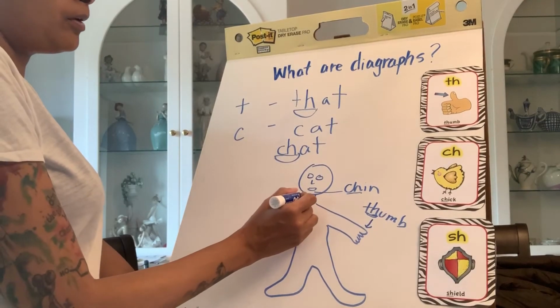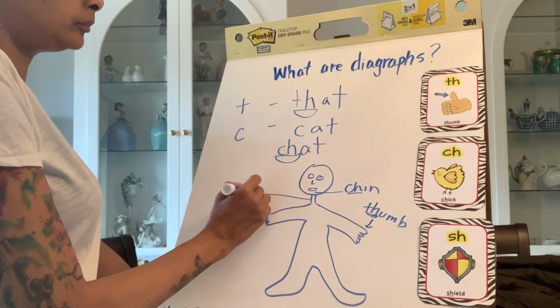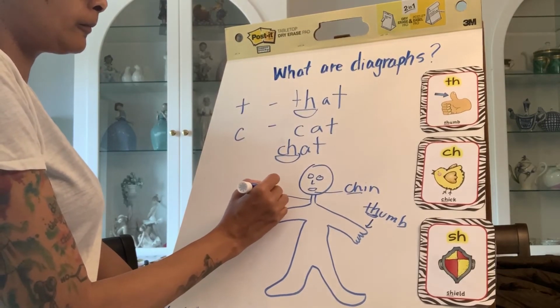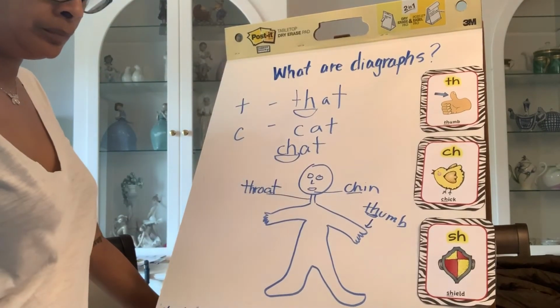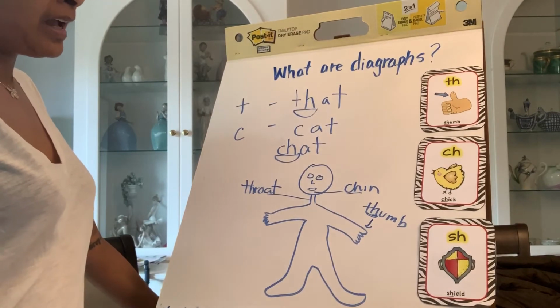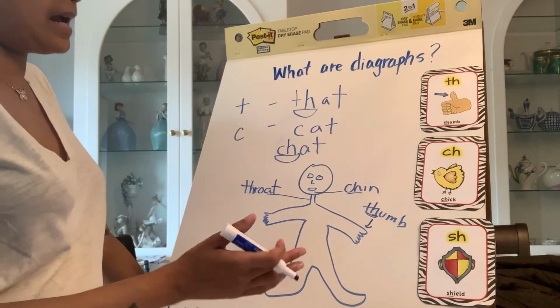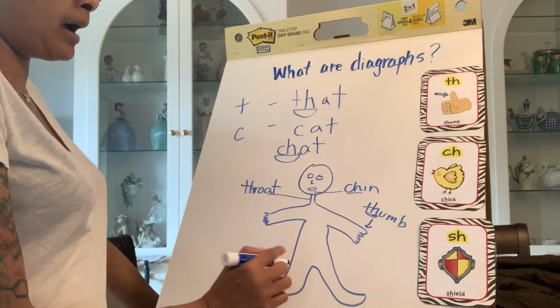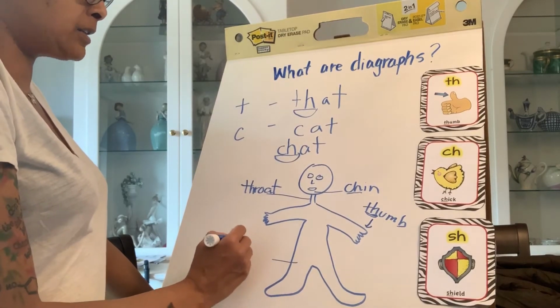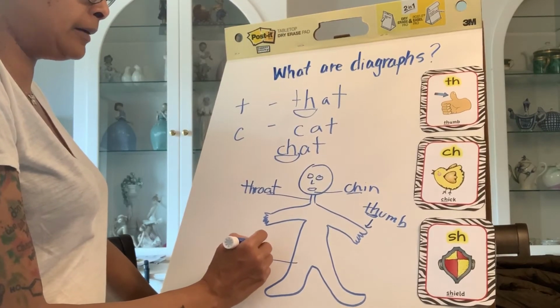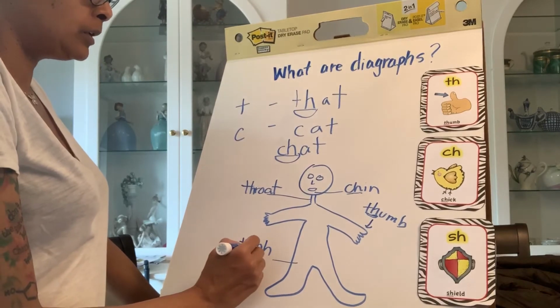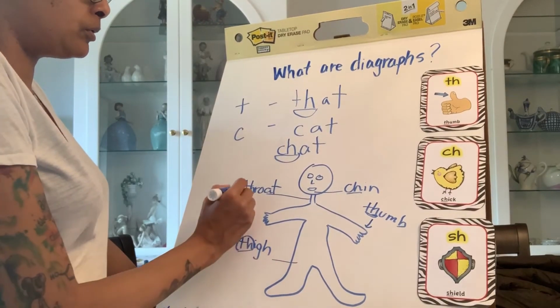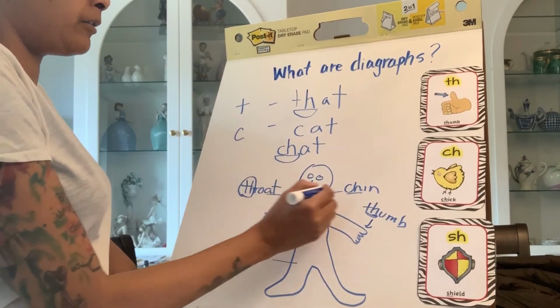We have throat. And this one may be kind of hard because you may not know, but on your leg, the upper part of your leg, is called a thigh. We're just going to circle our digraph.